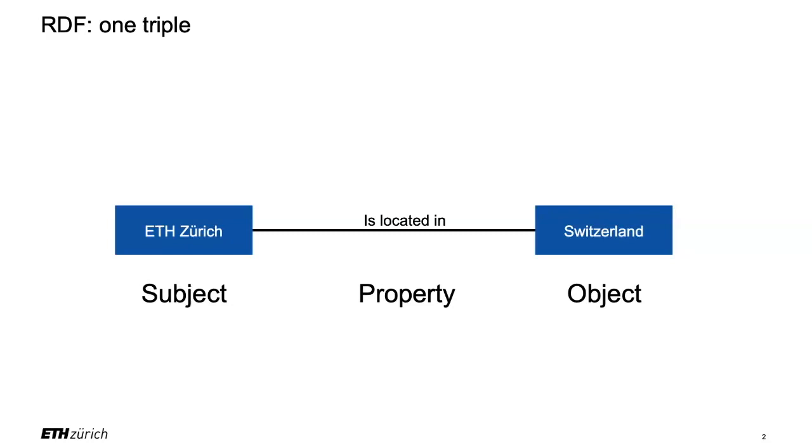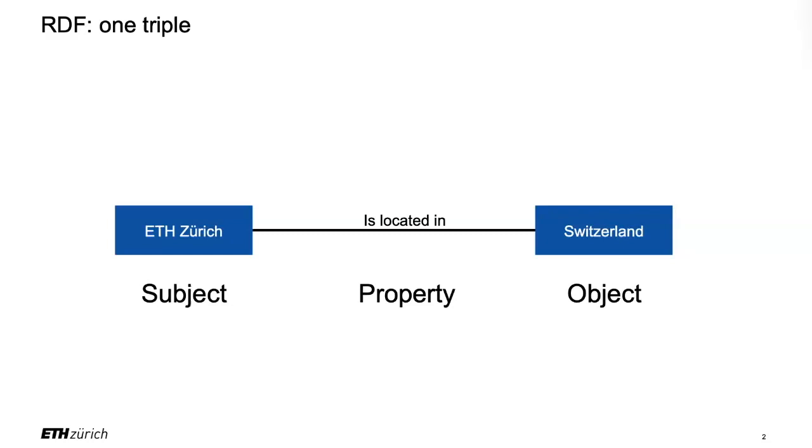In fact, this belongs to the world of the W3C, so the standard maker for the web, XML, and so on. And so I finished by explaining to you that in W3C, everything is a URI. We love URIs there. And so the subject, property, and object very often will be URIs. Note that a URI is just an identifier. So you can say, ETH is located in Zurich, and then you have a URI for ETH, a URI for is located in, and a URI for Zurich.